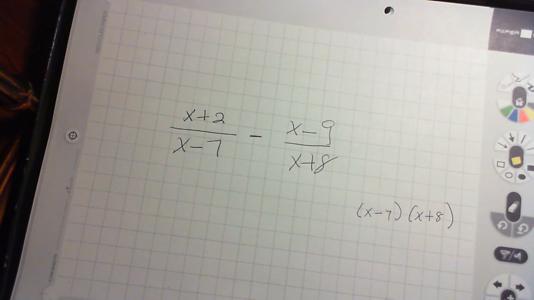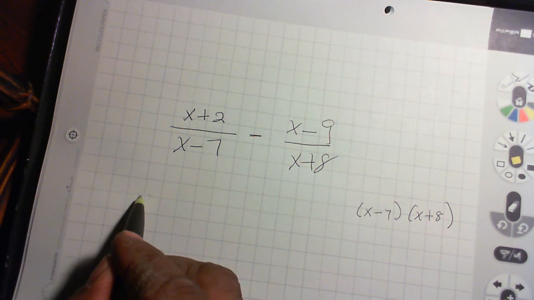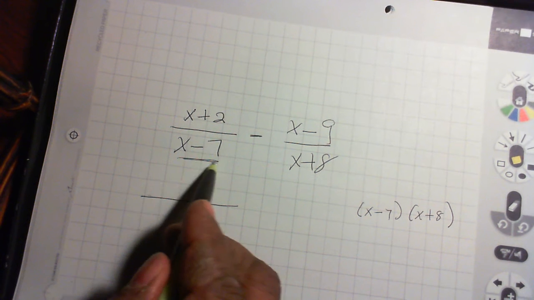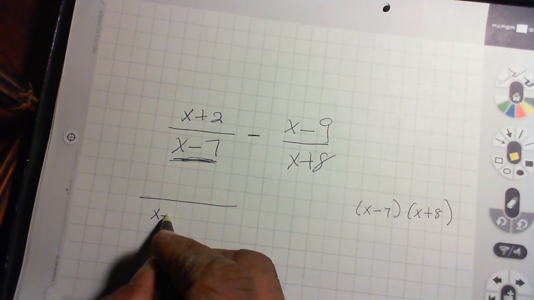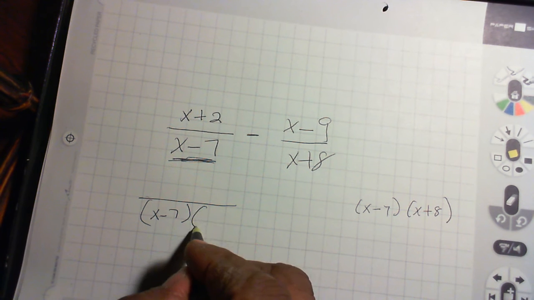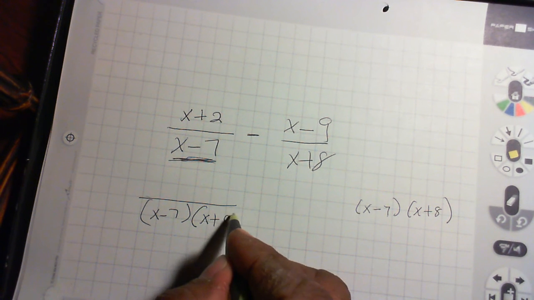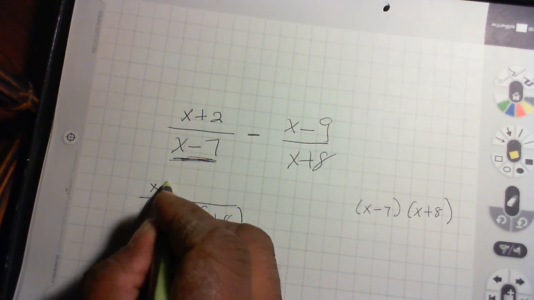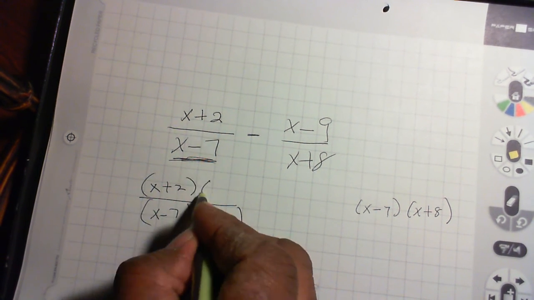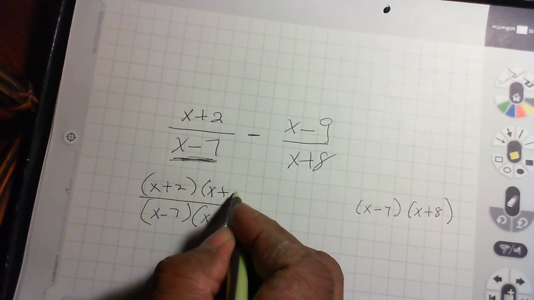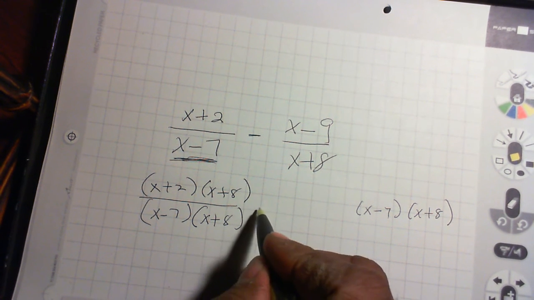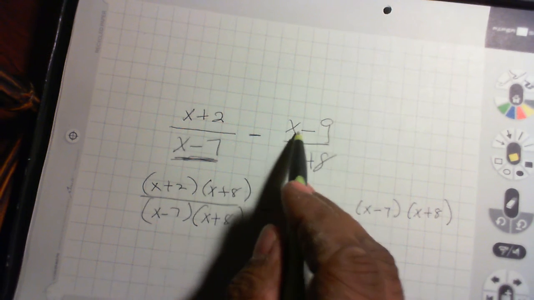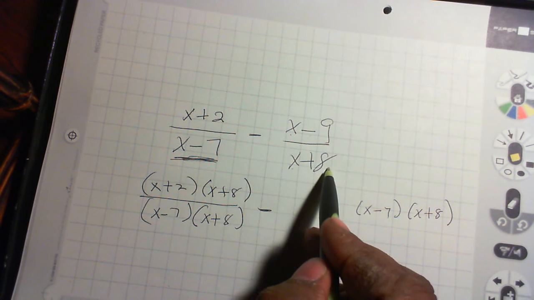Okay? So now what do I need to do? I need to have the least common denominator at the bottom, so I'm going to multiply the top and the bottom by x plus 8. So, x plus 2 times x plus 8. Okay? Going to do the same thing for the second one. So I have x minus 9 over x plus 8.